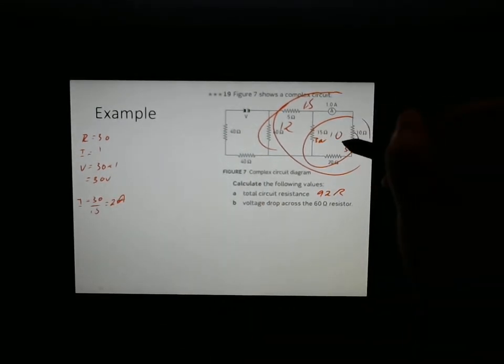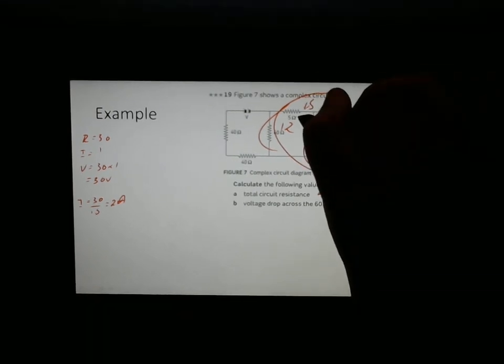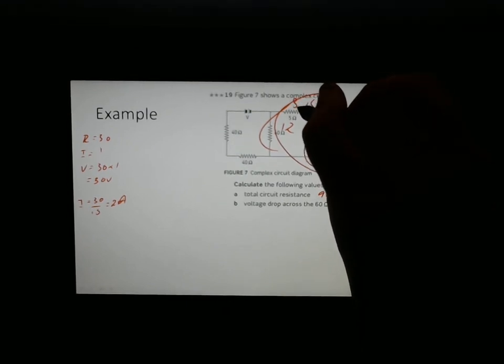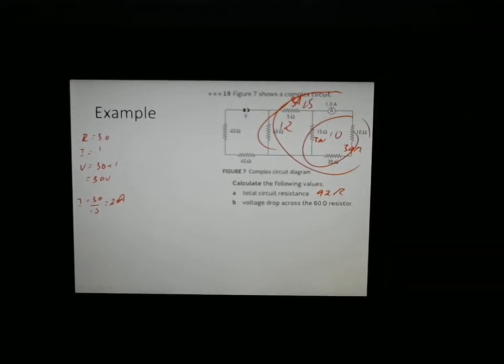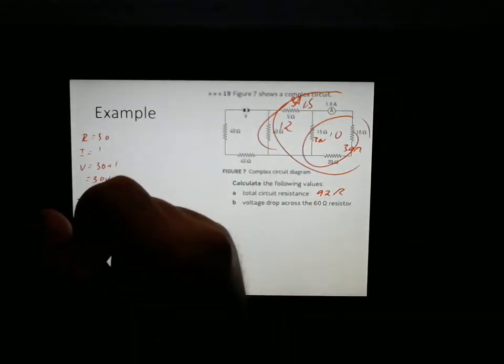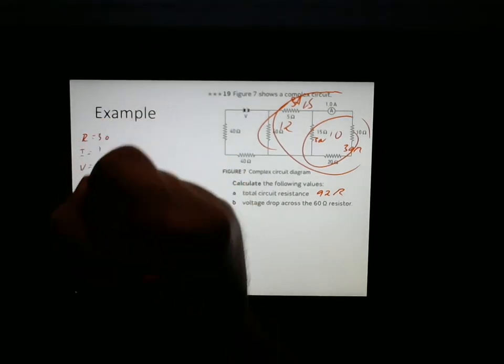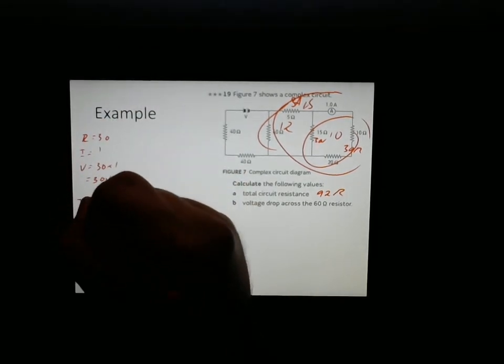That bit here had 1 amp going through it. 2 amps plus 1 amp means that this 5 ohm resistor here has 3 amps of current going through it. But we want to know what was the voltage being used up by that? Again, V equals IR.